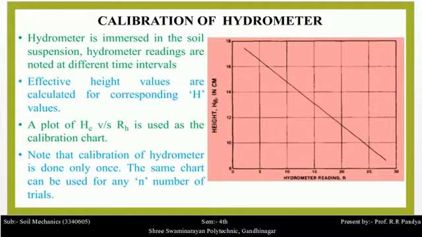Hydrometer readings are noted at different time intervals. Effective height values are calculated for corresponding H values. A plot of effective height versus hydrometer reading is used as the calibration chart. Note that calibration of the hydrometer is done only once. The same chart can be used for any number of trials.